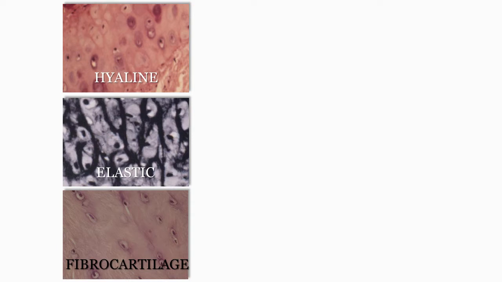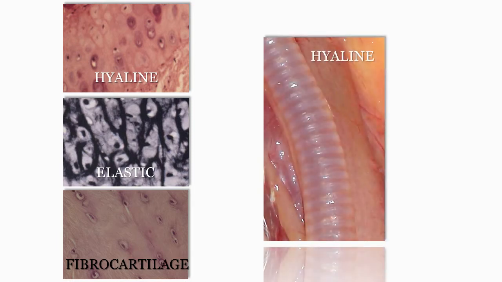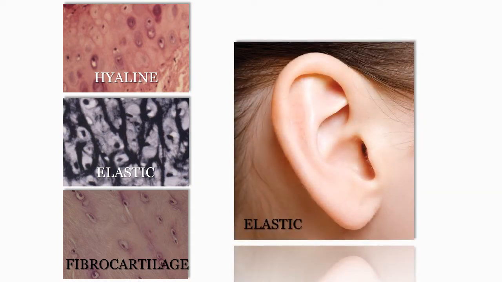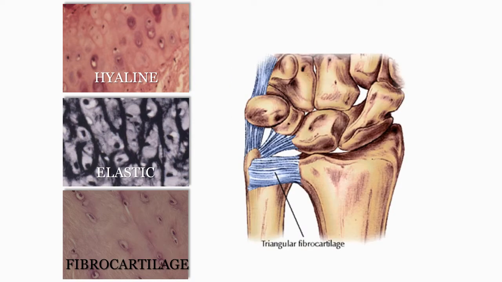In summary, cartilage has 3 different types. You have hyaline cartilage, you have elastic cartilage, and fibrocartilage, which I did not mention before. Hyaline cartilage is in our trachea, holding open the windpipe. Elastic cartilage is like in our ears, which allows stretching and going back to a normal shape. And fibrocartilage is what we find at the attachment of ligaments and tendons to bones.